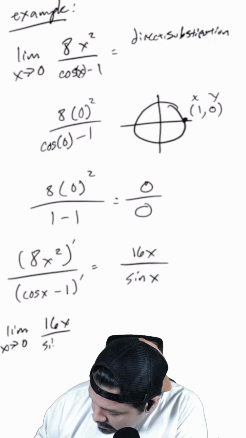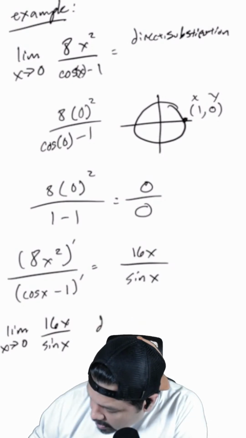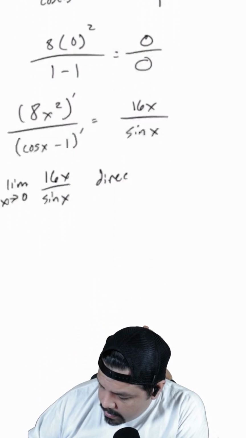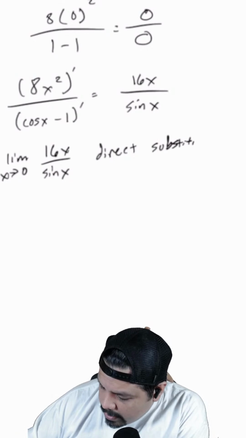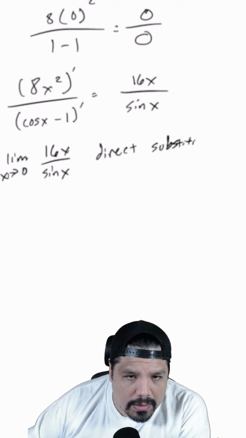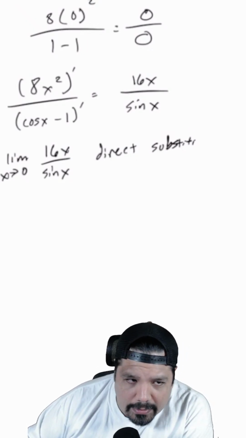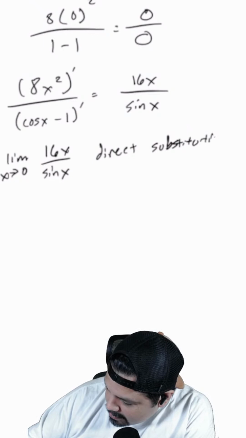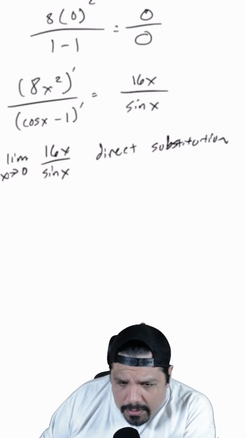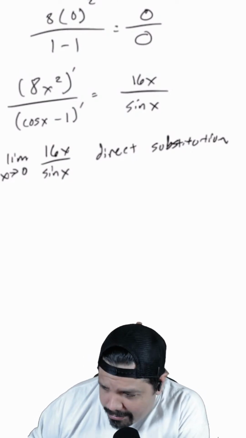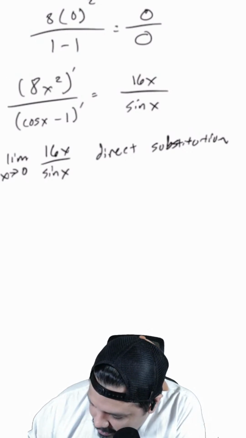Let's try direct substitution, because I always find it very, very helpful to be direct with what you want from a problem. Say, problem, give me that answer, problem. Let's put it in.